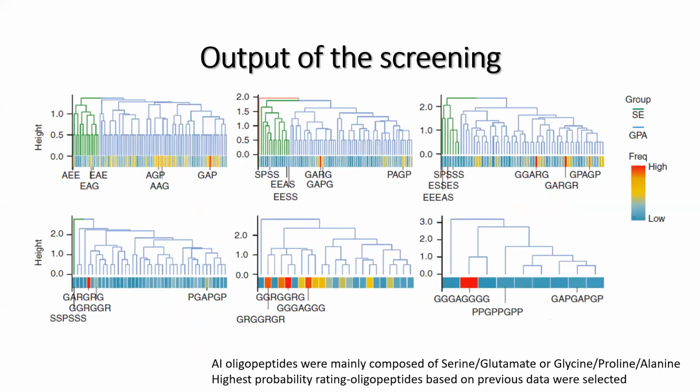They were grouped in either being mainly composed of serine and glutamine or glycine, proline, and alanine. And the highest probability rating oligopeptides were selected. So it's these ones written here with the highest score of frequency.